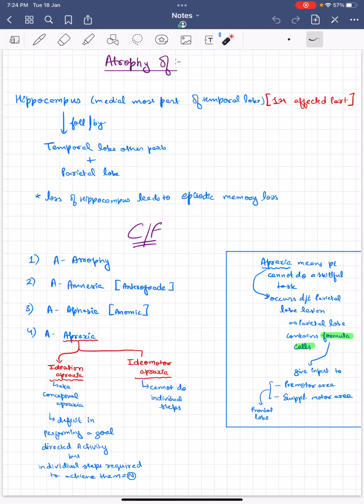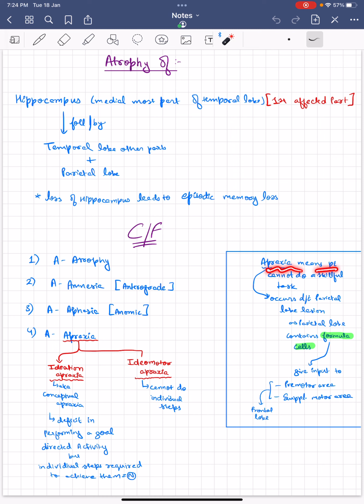Ideomotor apraxia is when the patient is unable to do individual steps, and ideation apraxia is when the patient is able to perform the individual steps but has a deficit in performing a goal-directed activity. So the patient can do normal things, whatever it means.